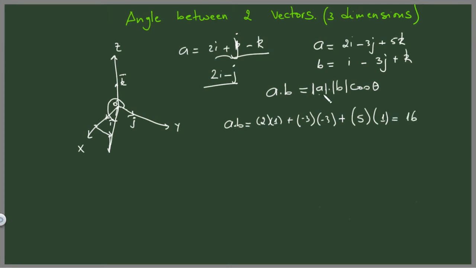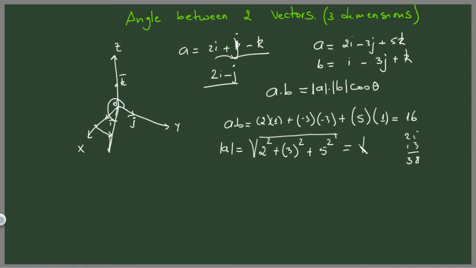Now we need the magnitude of both vectors. The magnitude of a in this case will be the square root of 2 to the power 2 plus minus 3 to the power 2 plus 5 to the power of 2. This gives us 4 plus 9 is 13, plus 25 is 38.